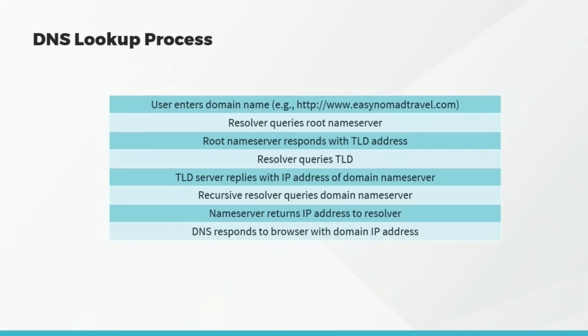DNS server to the .com or the top-level domain portion of the namespace. Now, there are millions of entries within the .com portion, but one of the .com servers will have a publicly registered entry for easynomadtravel.com. So that .com server will direct us to the authoritative server for that domain.